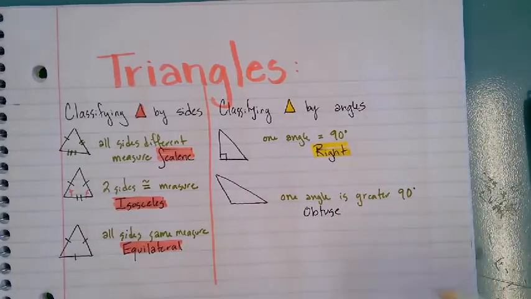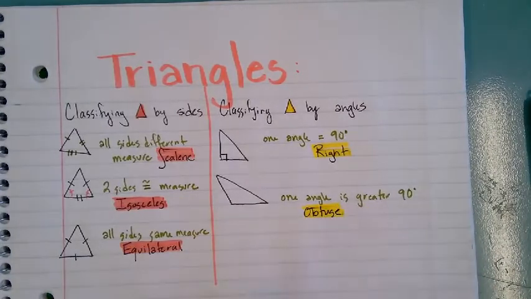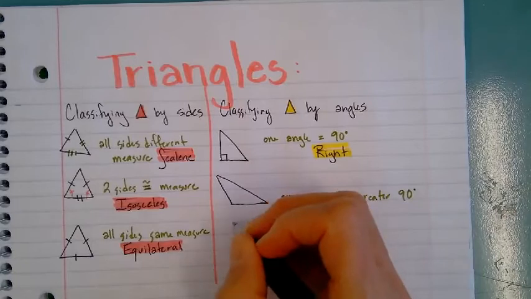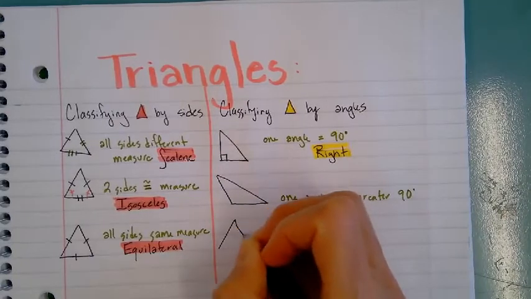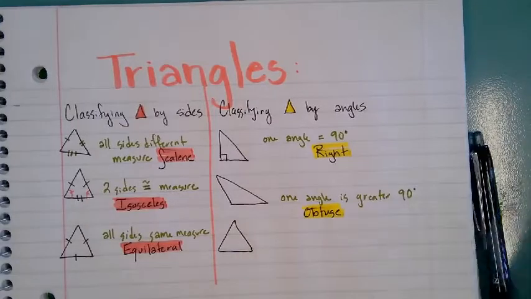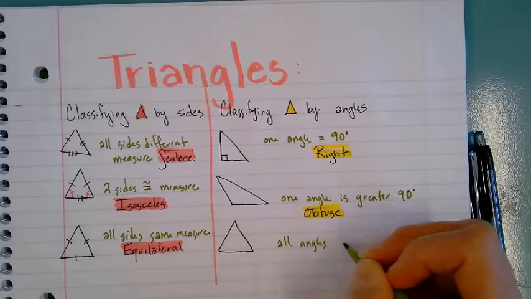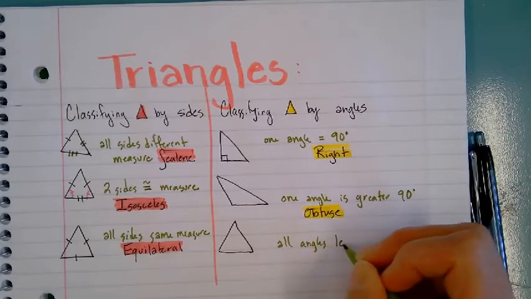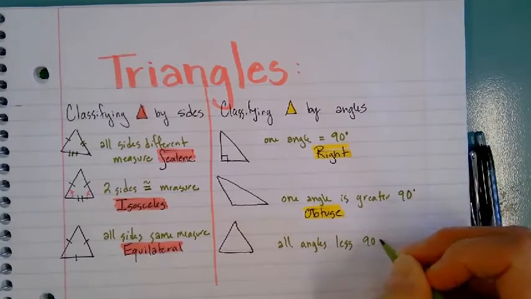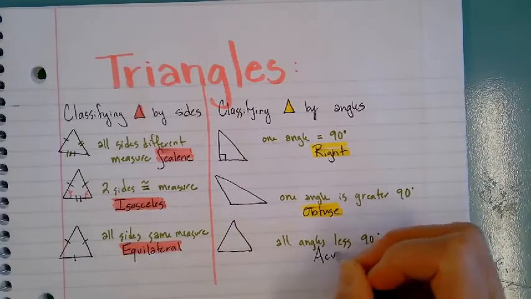An obtuse triangle. And then last is where all of the angles are less than 90 degrees. And we call that an acute triangle.